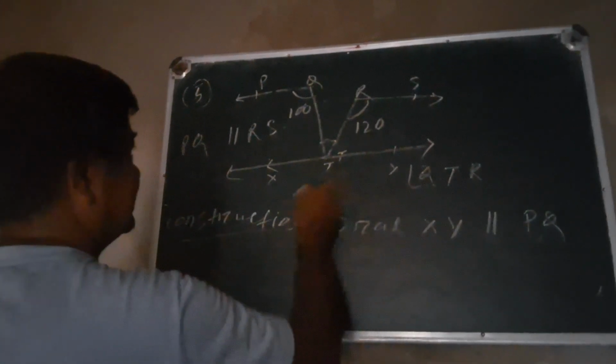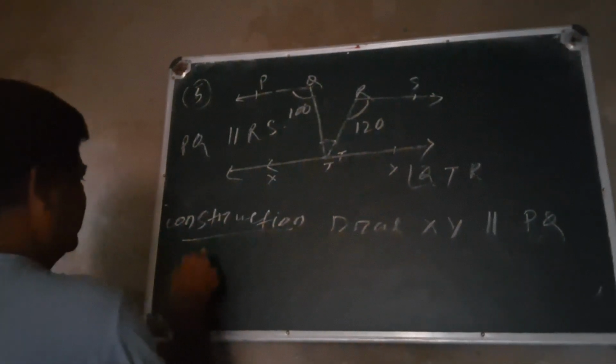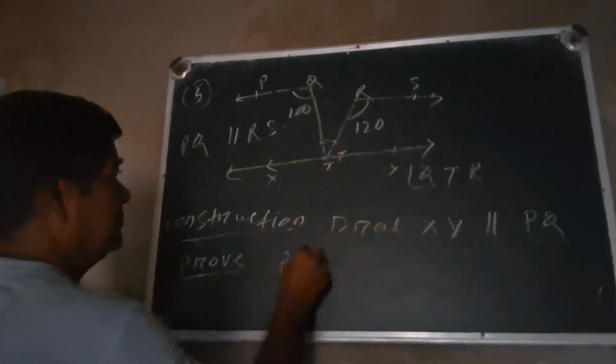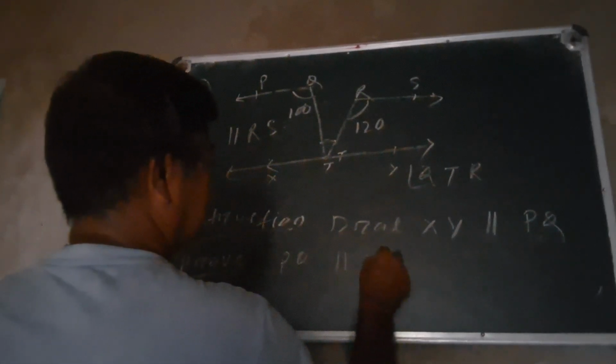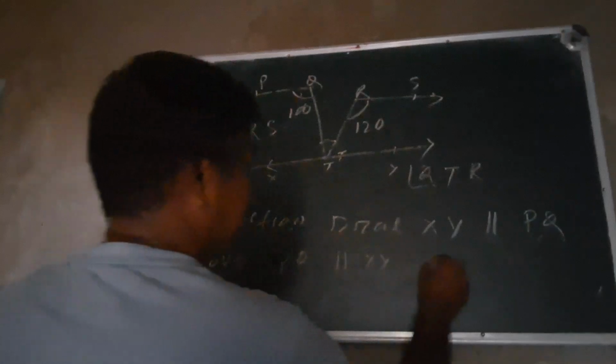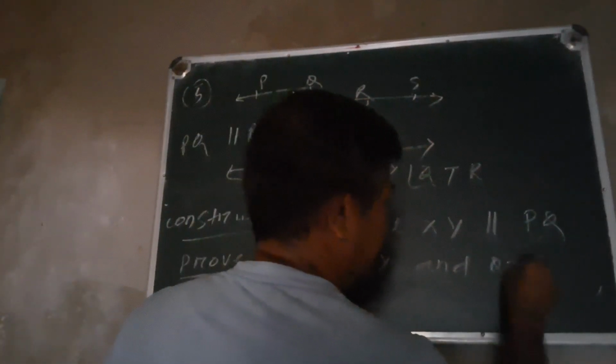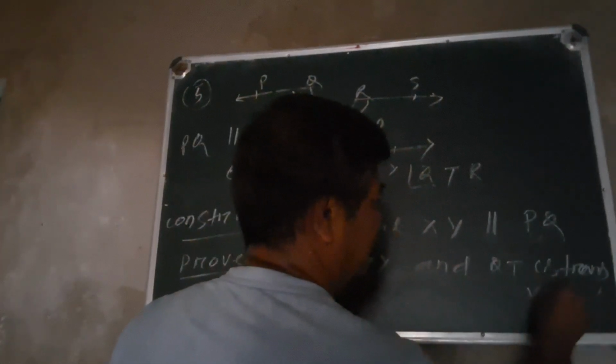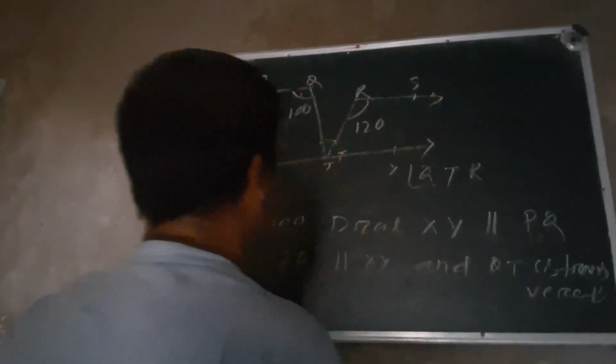XY is parallel, so PQ is parallel to XY and QT is a transversal.